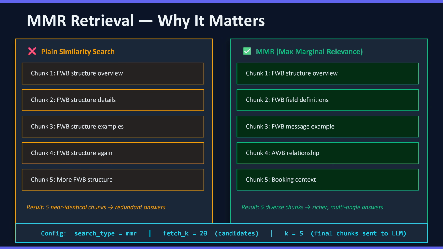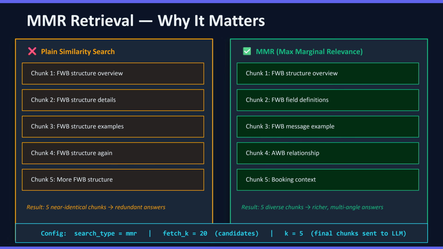Let me show you the problem with plain similarity search using a concrete example. Imagine your document is a technical manual that heavily discusses a format called FWB, a freight booking message in IATA, in our air cargo domain.